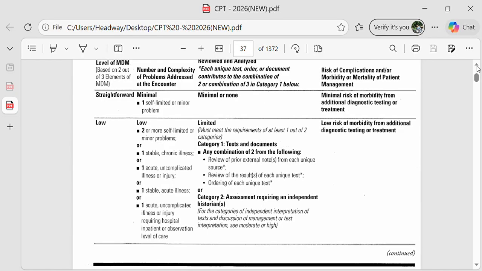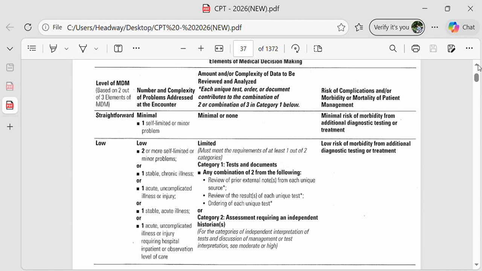And how many levels are there? There are 4 levels. First one is straightforward. Next one is low, then moderate and high. Coming to the elements, we already discussed COPA, that means complexity of the problems addressed, and data, which has everything done by the physician, any reviews of documents or testing of anything, interpretation of anything.